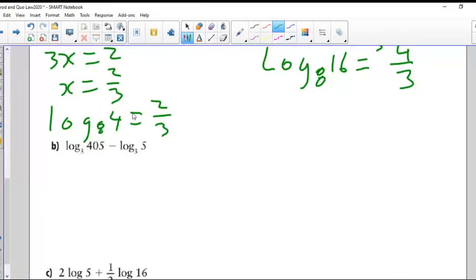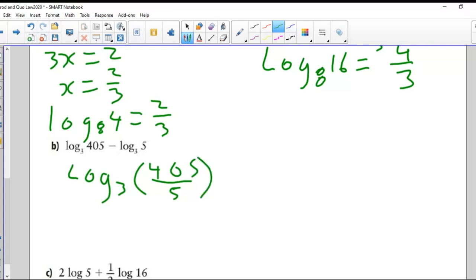Okay, let's get to this one here now. The log base 3 of 405 minus the log base 3 of 5. Well, that's not hard. Again, without a calculator, it's the log base 3 of 405 divided by 5.